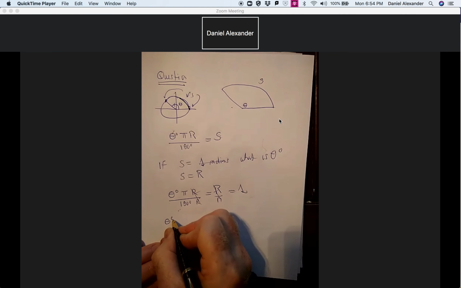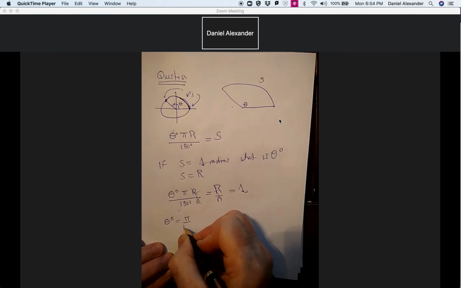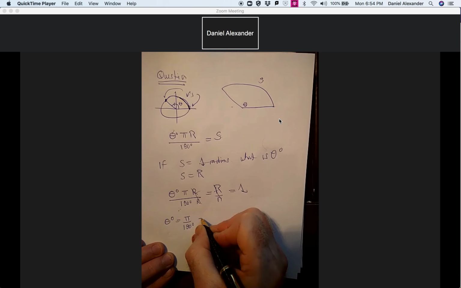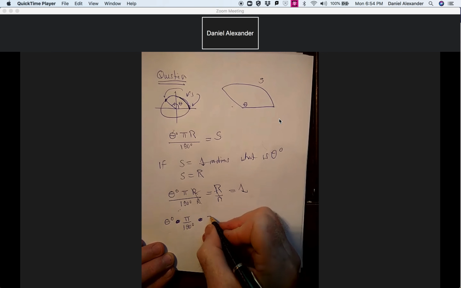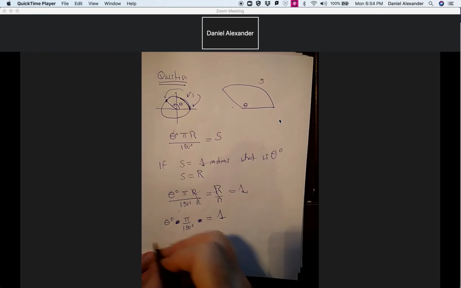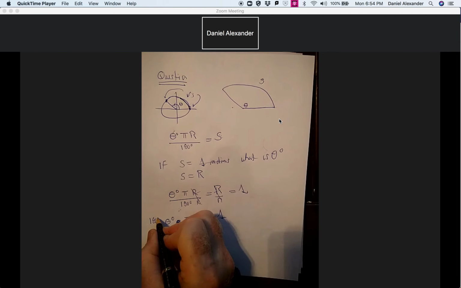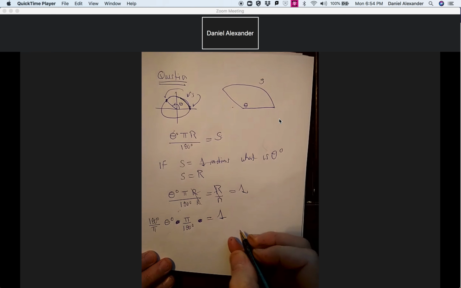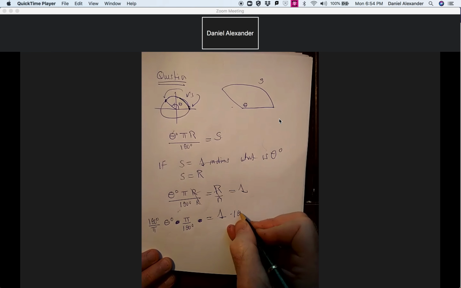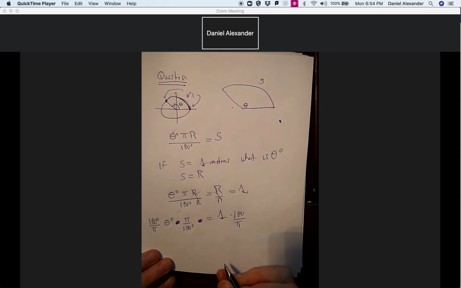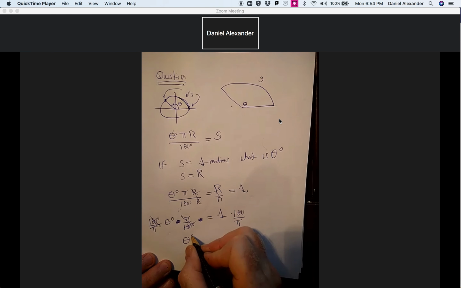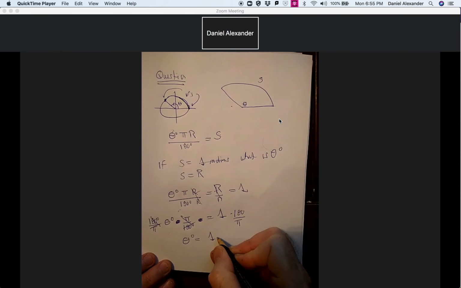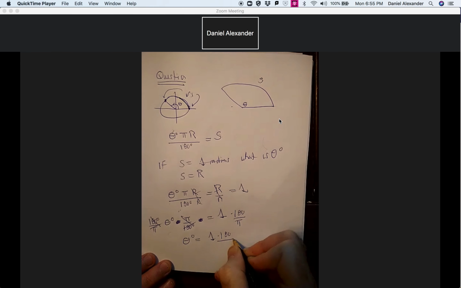So theta times pi over 180 is equal to 1. I have to multiply both sides by 180 over pi, and that cancels, so I get that theta is equal to 1 times 180 over pi.